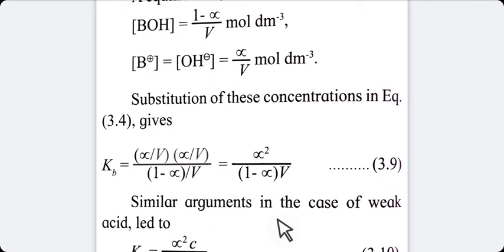When we use concentration terms, 1 minus alpha will become 1 minus alpha upon V, and alpha will become alpha upon V. Same, we are taking 1 mole of base BOH initially present in volume V decimeter cube of the solution. So weak acid and weak base both have the same procedure for the formula.